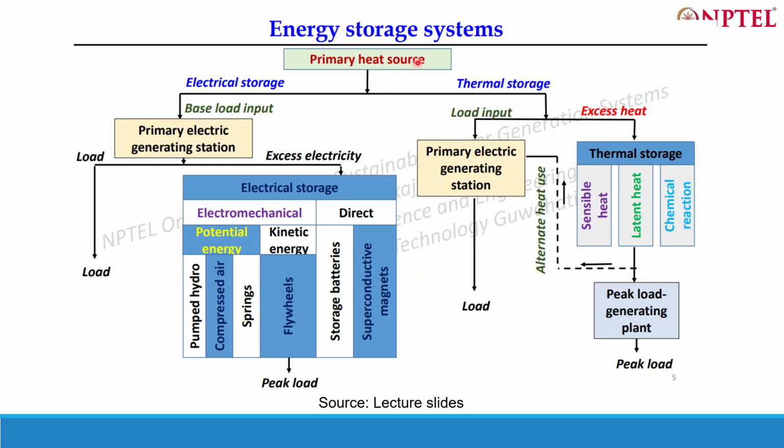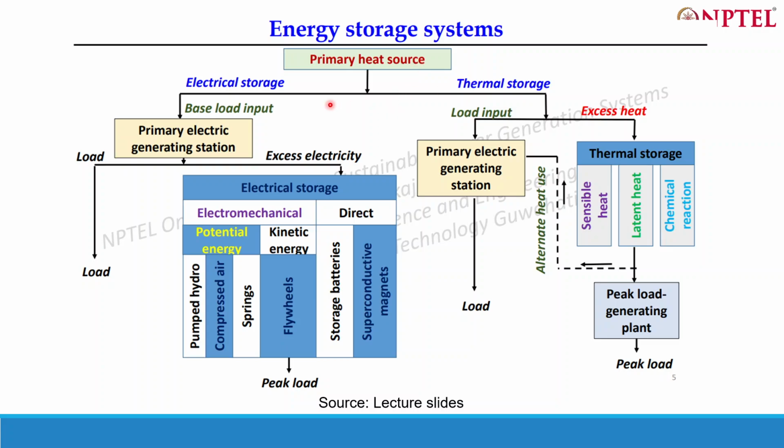So primary heat source is basically the primary energy. So electricity is not a primary energy. Primary energy is obtained in its natural form from the environment, like heat is a primary energy, coal is a primary energy.